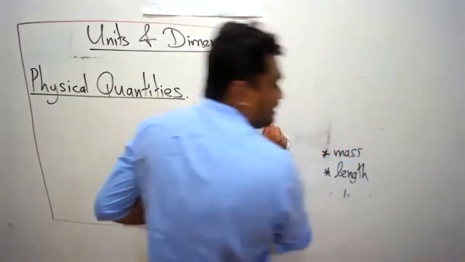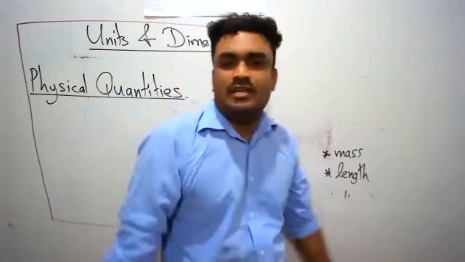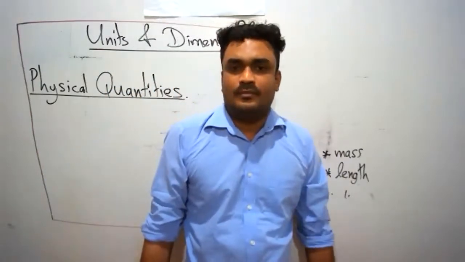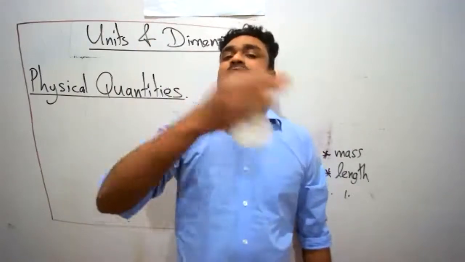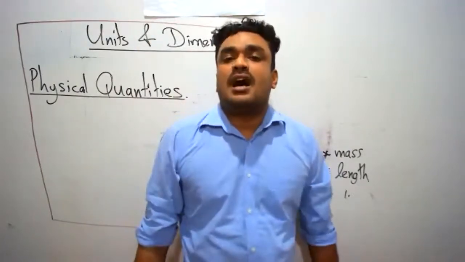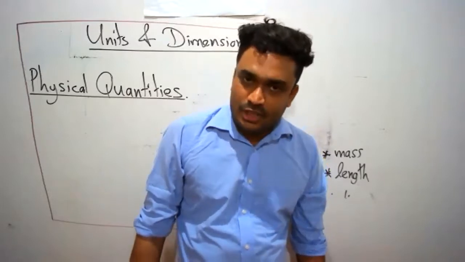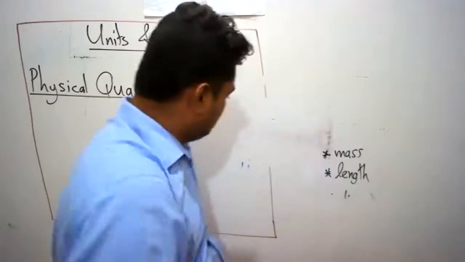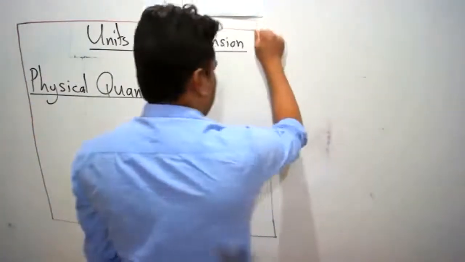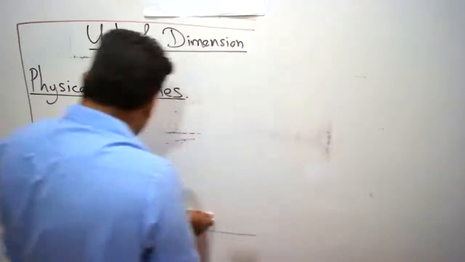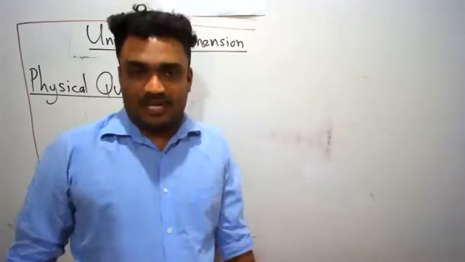So it means physical quantities are measurable things. Are there things which cannot be measured in this world? If I ask what is the distance from Kandy to Colombo, you can say this many kilometers.